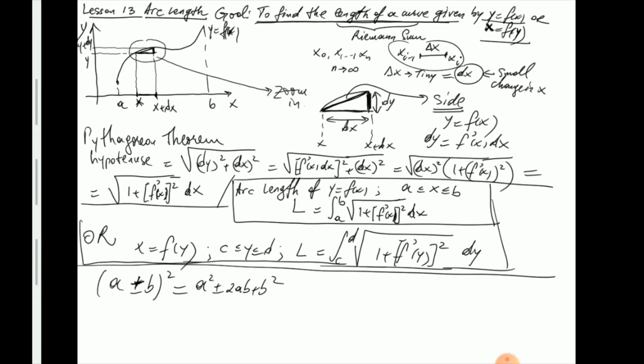We're going to need this formula because we will need to simplify these radicals. Often we're going to end up with quantities like this, and we will have to write those quantities in the form of a square. So we're going to have to complete the square before integration, because otherwise we can't get rid of the radical.